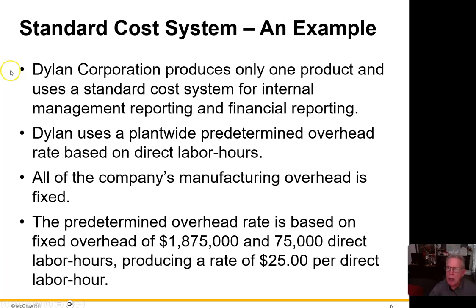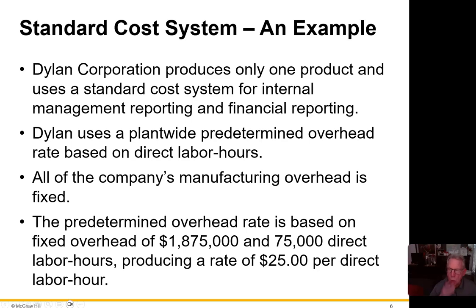Okay, so an example here is using the Dillon Corporation, and it produces only one product and uses a standard cost system for internal management reporting and financial reporting. Dillon uses a plant-wide predetermined overhead rate based on direct labor hours. Very common. Number three bullet point, all of the company's manufacturing overhead is fixed.